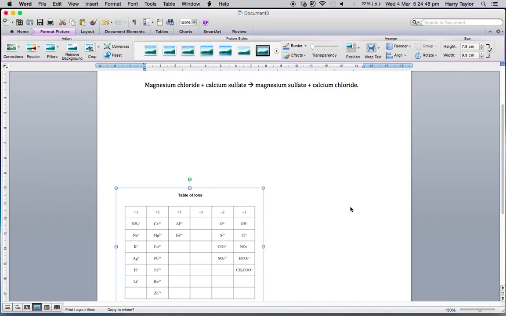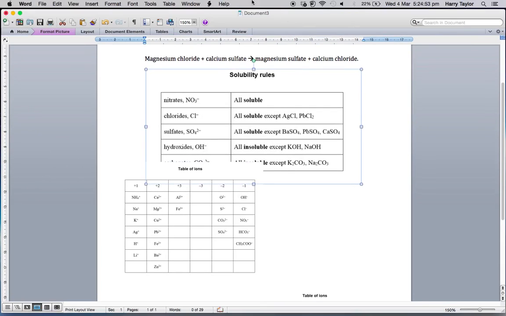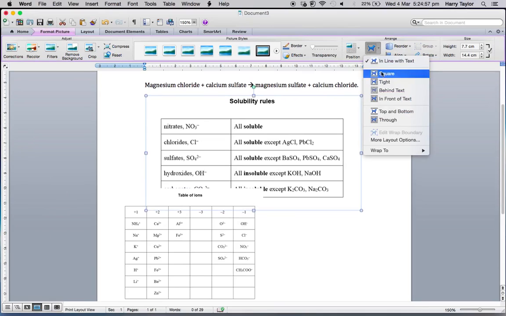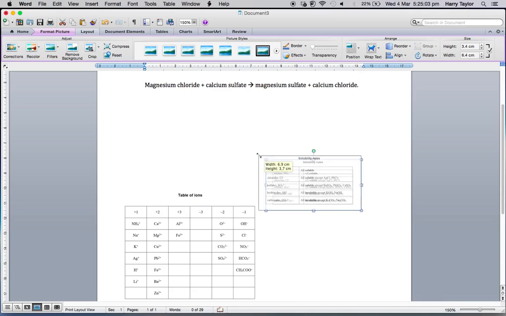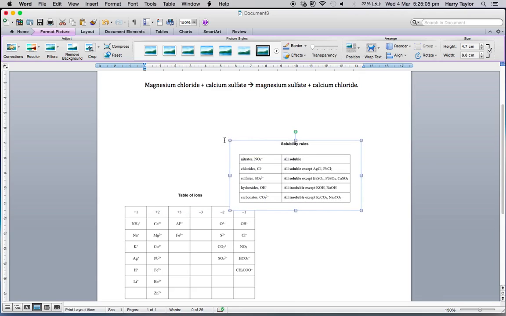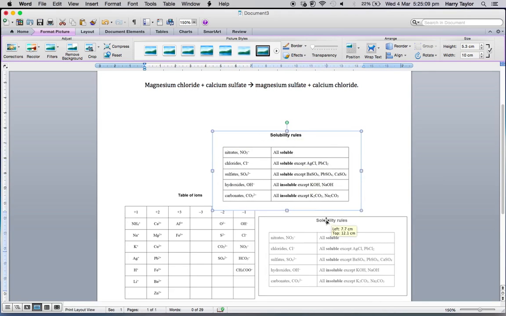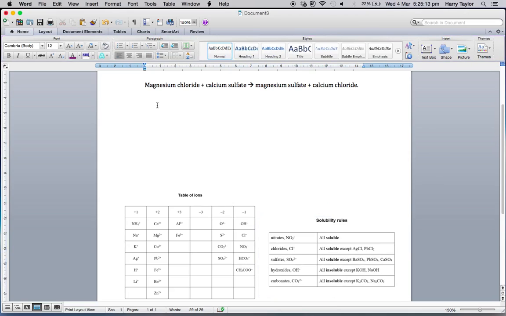So this is where I get all my information from my science teacher, Mr. Nicol. So if you know him and you go to St Andrews College, then yeah. Oh, it's a bit too small. Let's move that down there. Okay, so here we go.